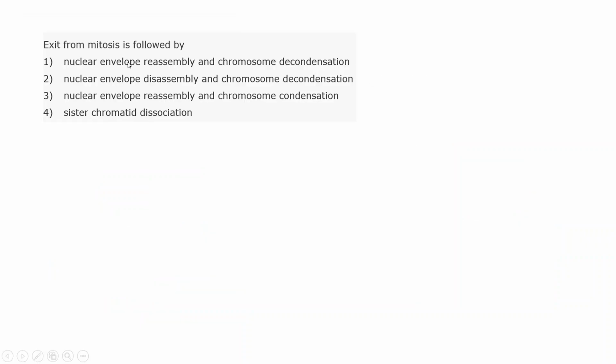Okay. So exit from mitosis is followed by nuclear envelope reassembly and chromosome decondensation, nuclear envelope disassembly and chromosome decondensation, nuclear envelope reassembly and chromosome condensation, or sister chromatid dissociation, which may be the answer.